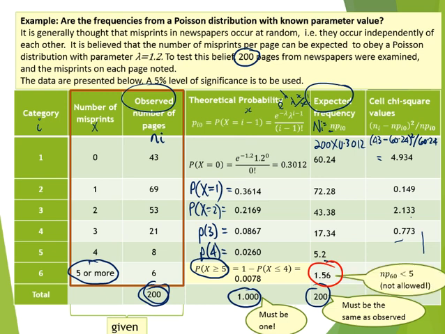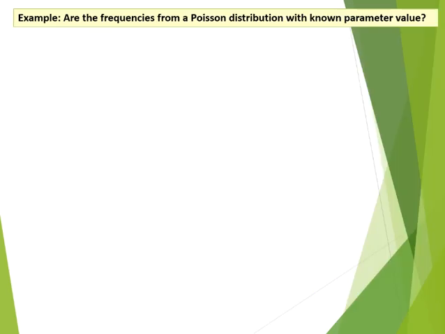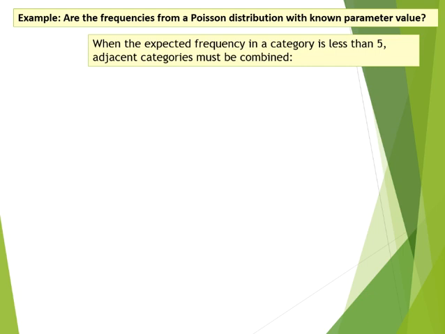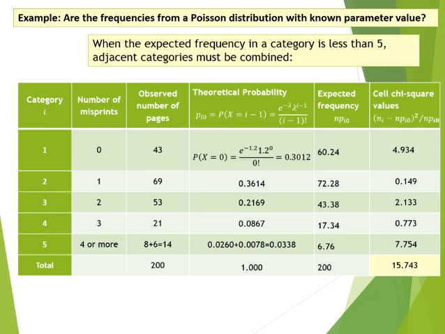You are not allowed to have an expected frequency smaller than 5. So what do we do? The test is not valid if you have a frequency smaller than 5. So what we do is we need to combine adjacent categories. When the expected frequency in a category is less than 5, adjacent categories must be combined. So instead of working with 5 or more, we work with 4 or more.